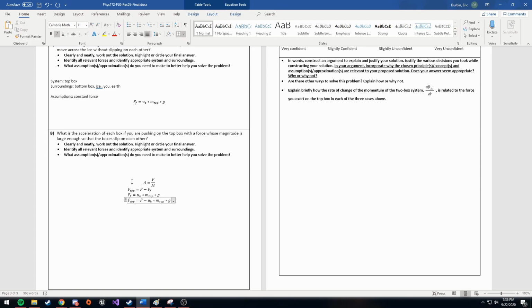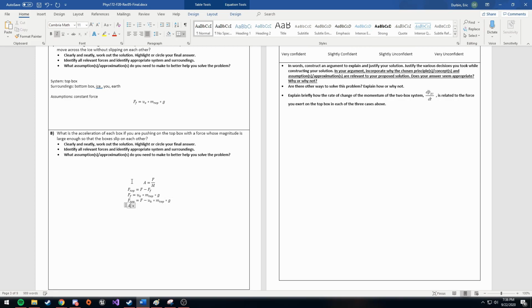And to get acceleration, we divide that all by mass. The mass of one, right? The mass of the top. Well, right now we're just looking at the top. I have one as my top, but yeah. Oh, I didn't show all that.